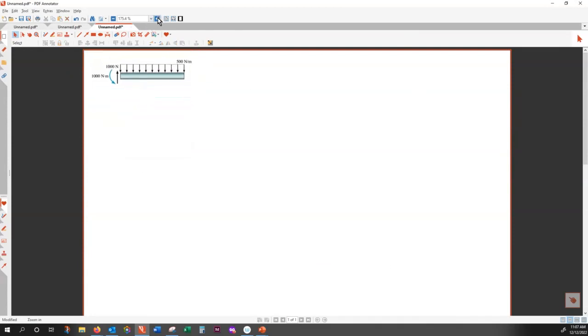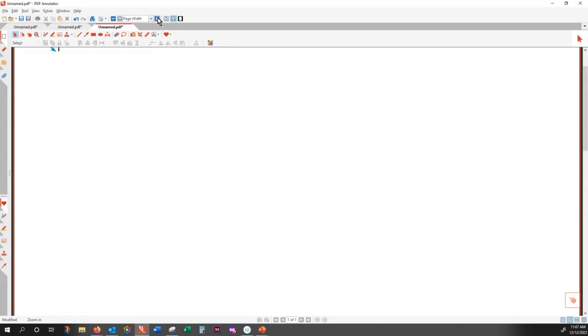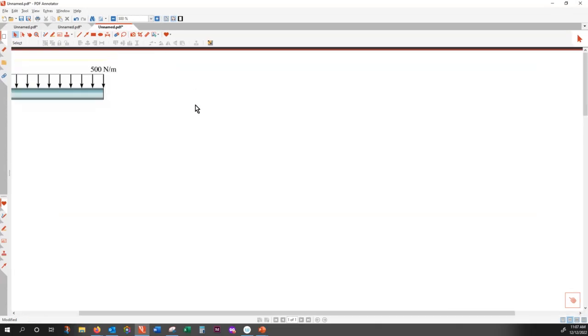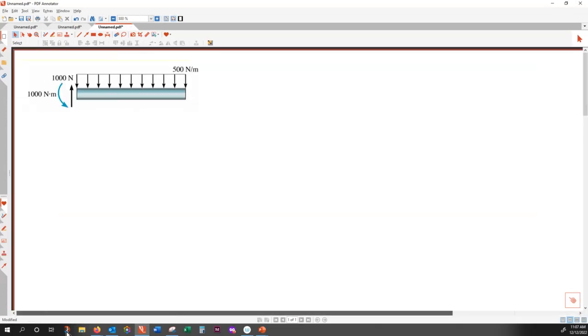Okay, so this is the problem. We want to plot the internal forces, the variation of internal forces. First thing is making sure we have labels. I'm labeling the left-hand side as A and the right-hand side as B. How many zones?